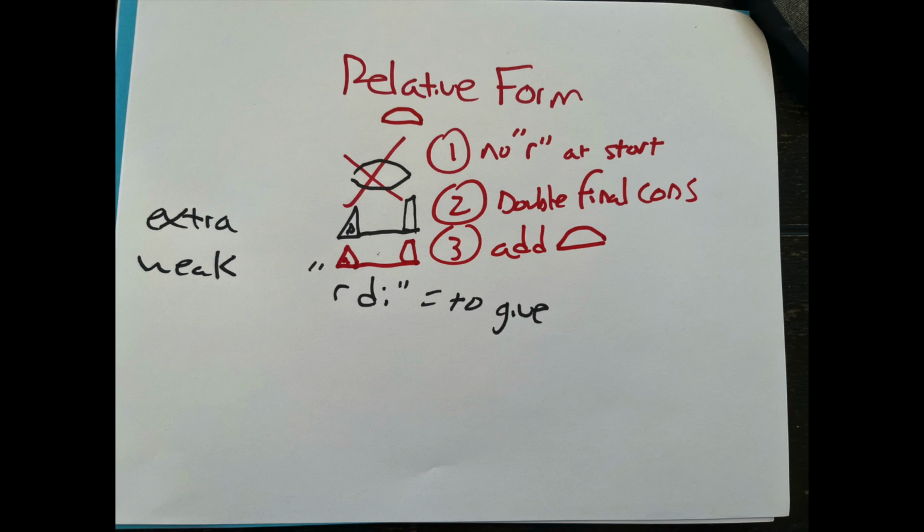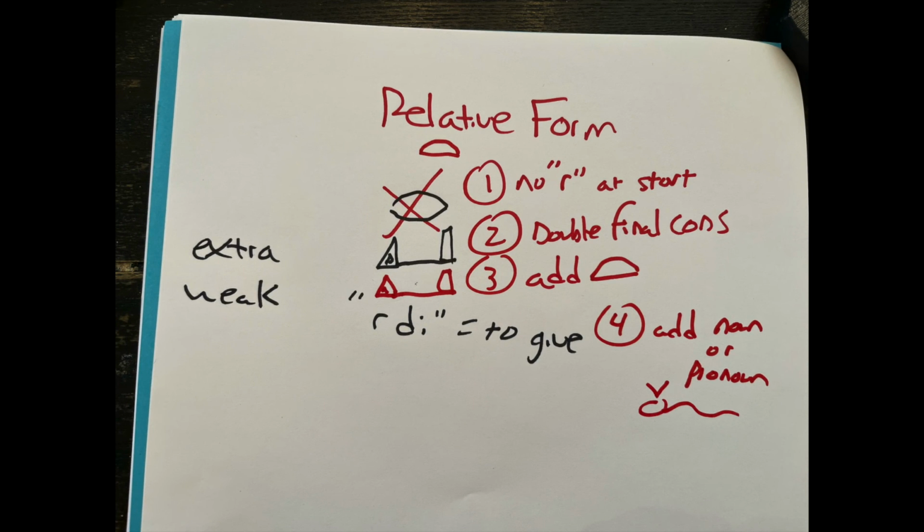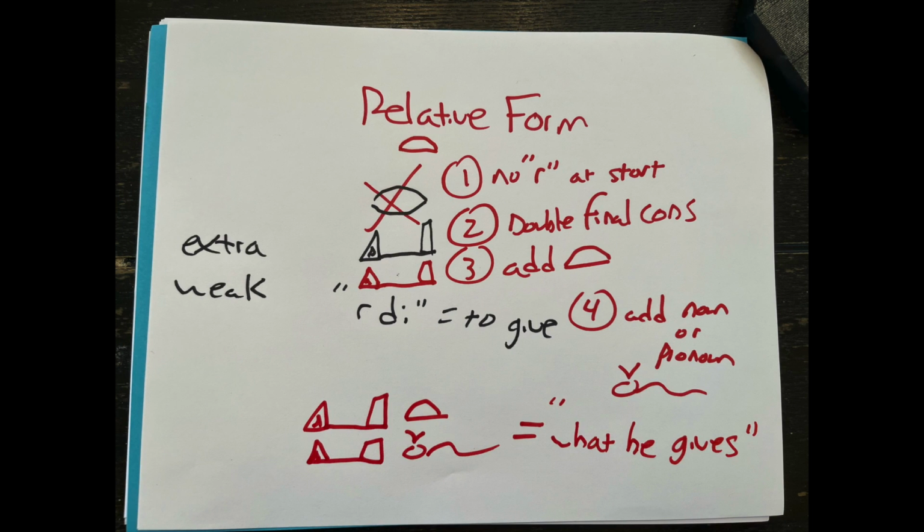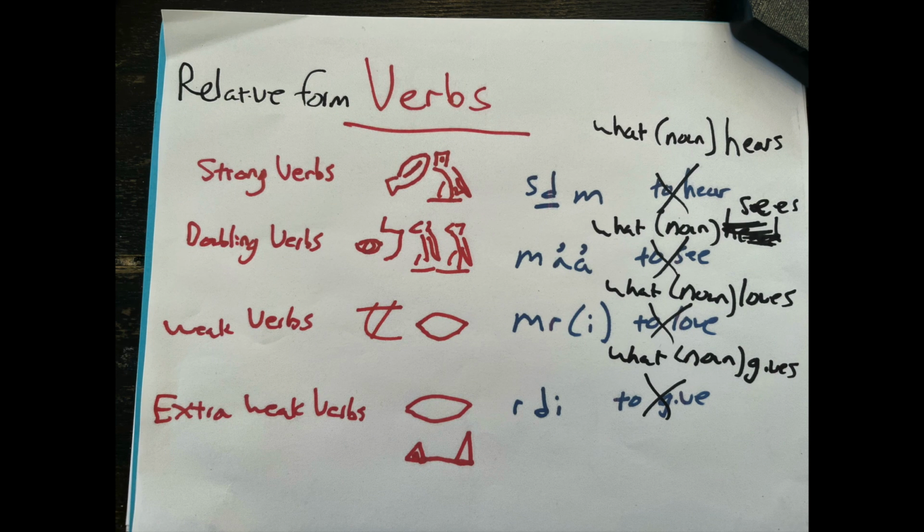The extra consonant is there for form, not pronunciation. Then we'll add the T, which is kind of the equivalent of adding a what, similar to how you have the infinitive form. And then our pronoun, which again, I'm keeping with the horned viper for simplicity. So the only difference with extra weak is noting that the R gets eliminated. So that's how it should actually look there, since I wrote all over it. I wrote it there in red at the bottom. What he gives, from the verb radi, to give. So now we've converted it into the relative form.